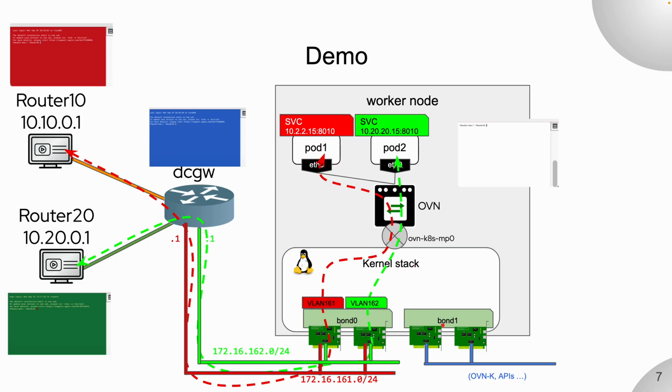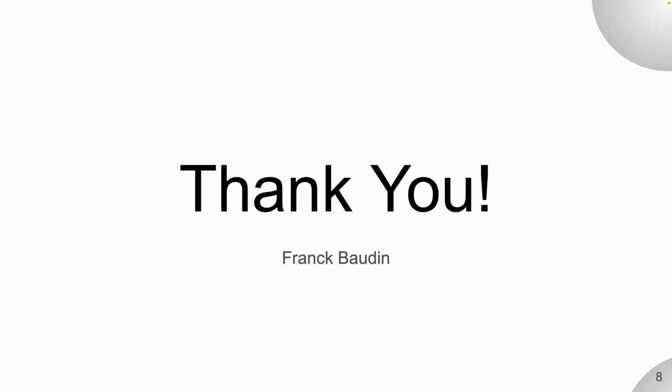But with egress service, this is not possible anymore because you have a specific routing table because of the egress service. So that concludes the presentation and the demonstration. Thank you for your attention.